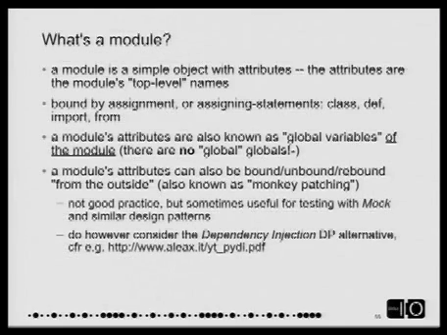Besides assignment, names can be bound by class, def, import, and from. Class name binds the name, def name binds the name, import name binds the name, from foobar import name binds the name. The attributes of a module are also known as the global variables of that module. Note, there is no such thing as global globals in Python.